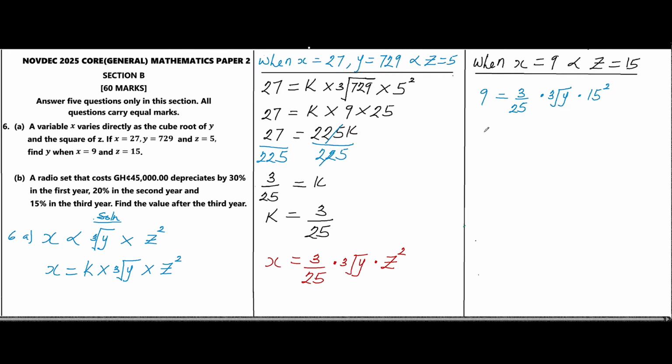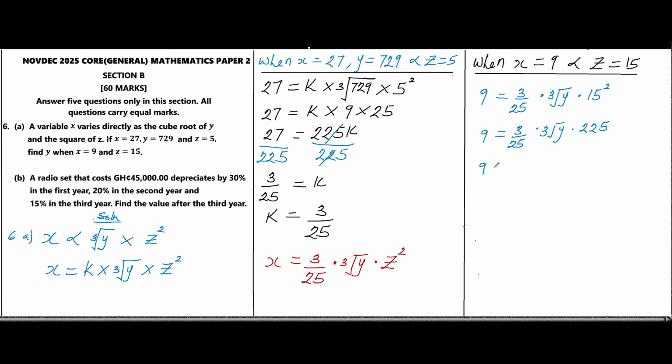So we have 9. Okay, so let me simplify this. 9 is equal to 3 on 25 multiplying cube root of y multiplying 15 squared. So 15 squared, we have 225.